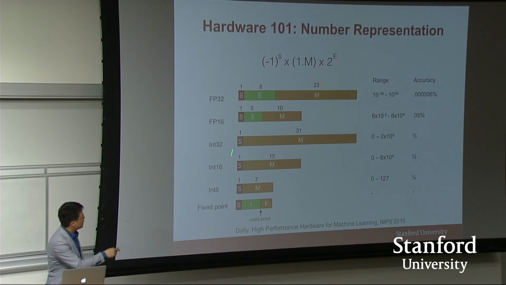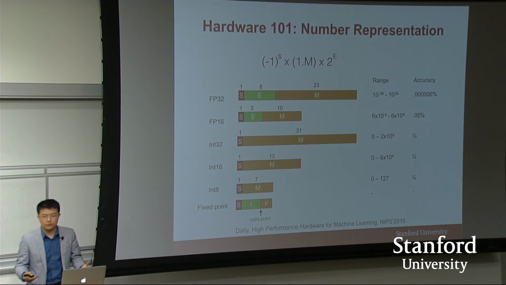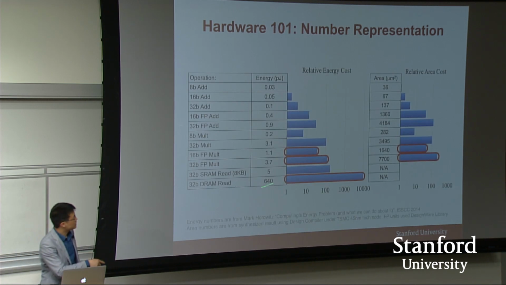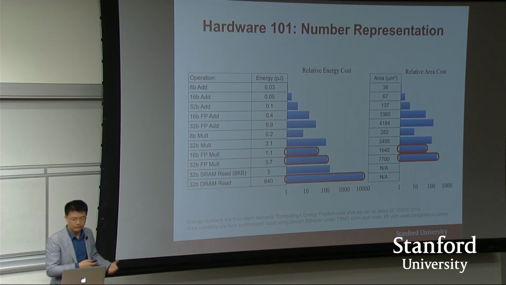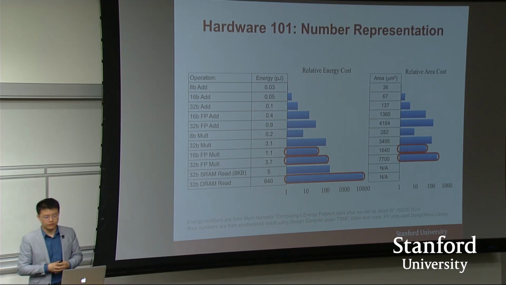So why do we prefer those 8-bit or 16-bit rather than the traditional 32-bit floating point? That's the cost. I generated a figure from 45 nanometer technology about the energy cost versus the area cost for different operations.